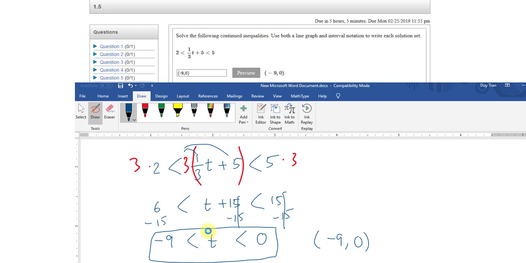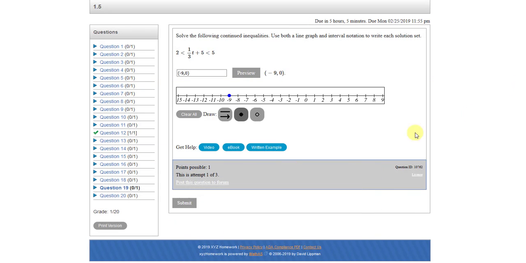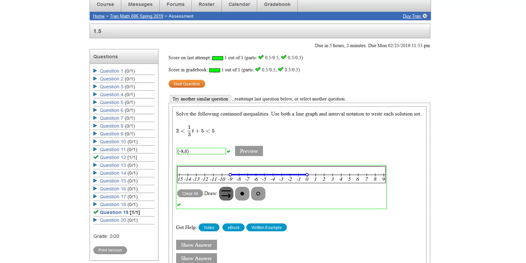So that means we do not include the point of -9 or 0. If that is the case, we use the open circle, not the solid one. So -9 up to 0, and then use this one to draw. Alright, so -9 and 0, between that, submit it. Good.